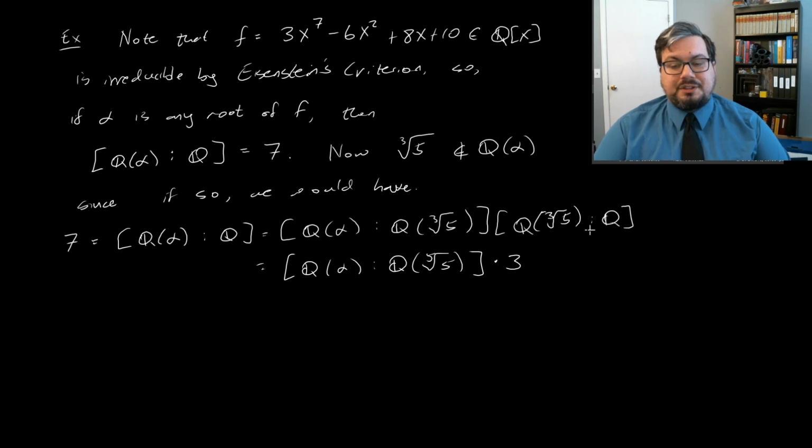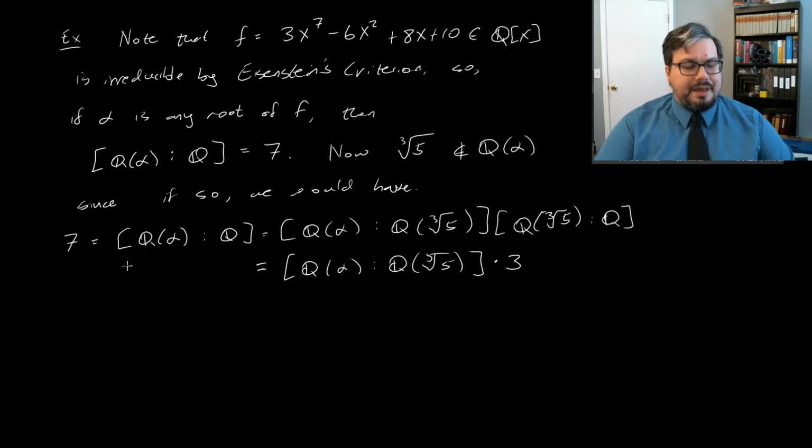And so the degree of this extension here is 3. And so we have that 7 is equal to something times 3. This is a contradiction.